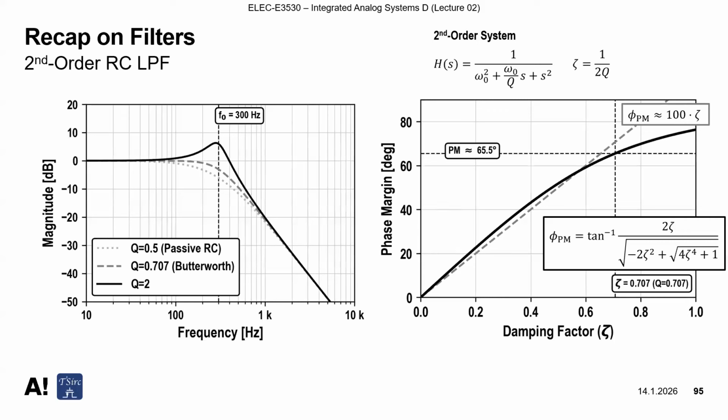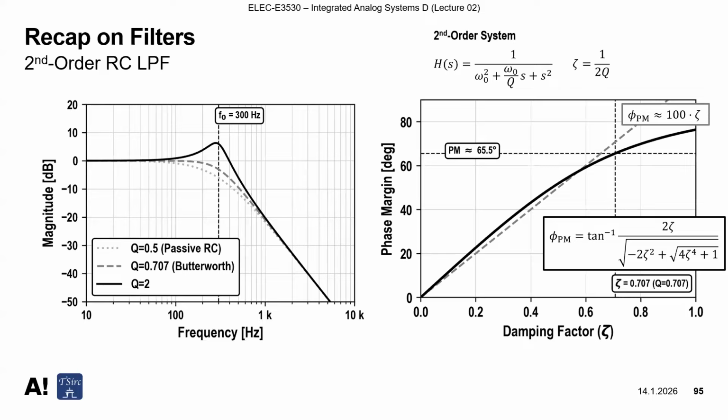When we study mechanical engineering courses, the damping factor is seen more often. The damping factor is defined by 1 over 2 times Q. So phase margin is approximated by 100 times zeta until the damping factor reaches 0.7.